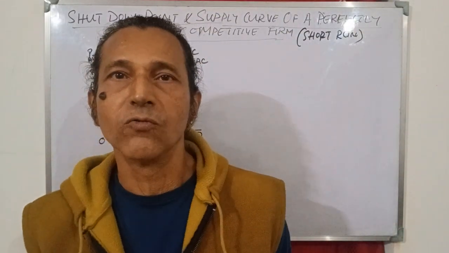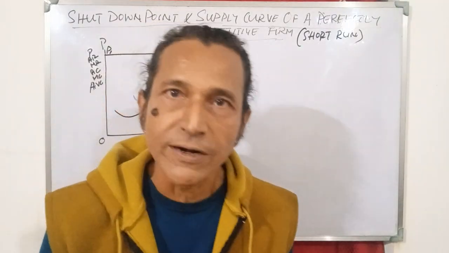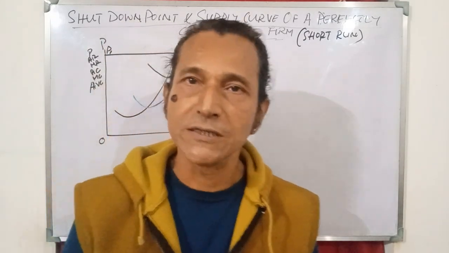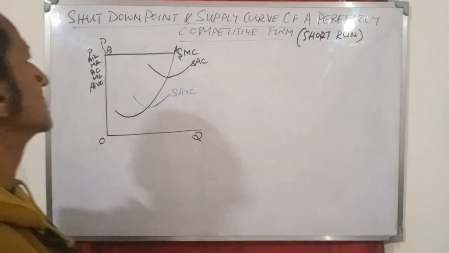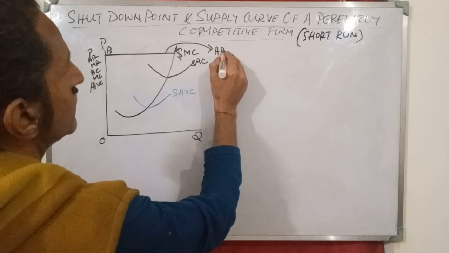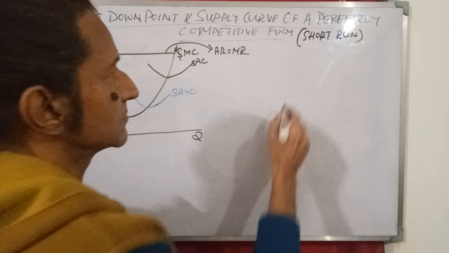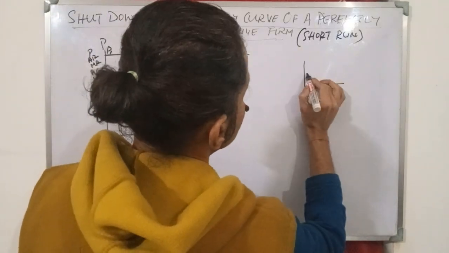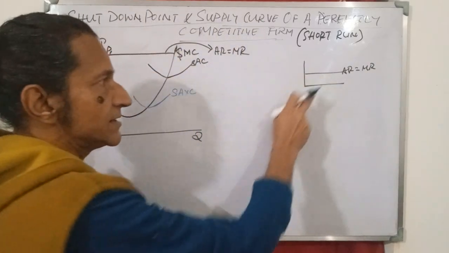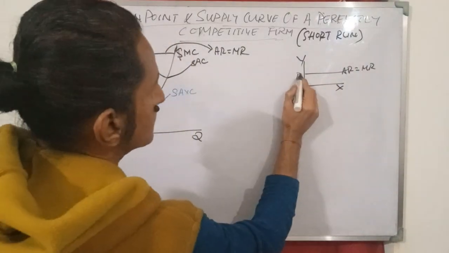And what is the equilibrium quantity determined? The equilibrium quantity is determined by the intersection of the marginal revenue curve and marginal cost curve. This is the AR and also MR curve for a perfectly competitive firm. We have learned in an earlier video that the AR and MR curve is a horizontal straight line parallel to the x-axis. This is the price.